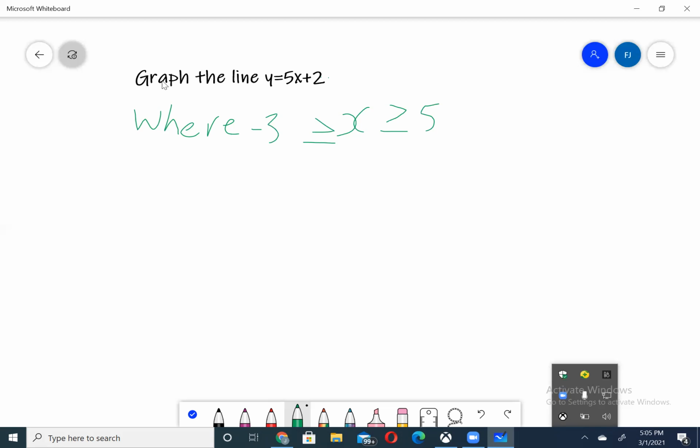So the question is asking us, graph the line y equals 5x plus 2, where x is less than or equal to negative 3, but greater than or equal to 5. Everybody's following there? Yes, Miss.